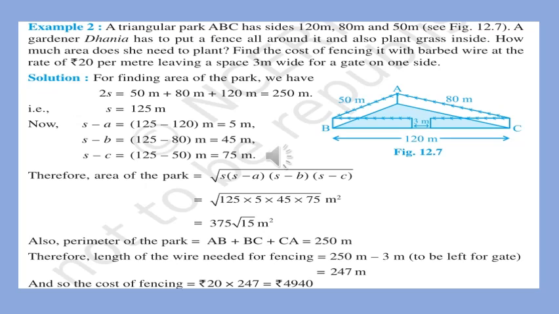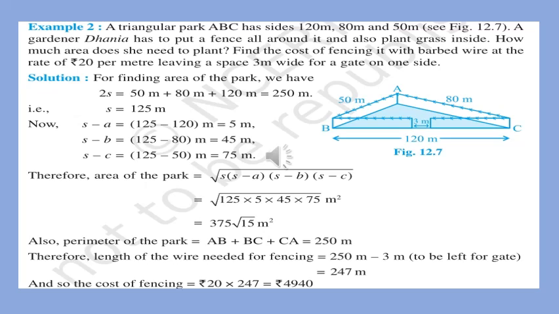But the length needed for the gate on one side is 3 meter, so this length of wire we have to subtract from the total length. So the length of wire needed for fencing, leaving the space for the gate, is 247 meter.